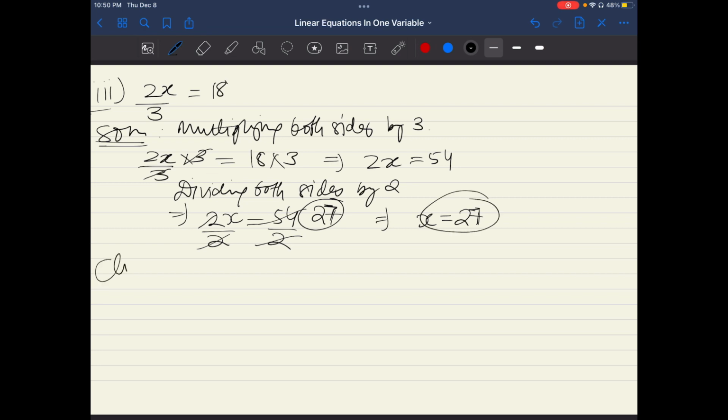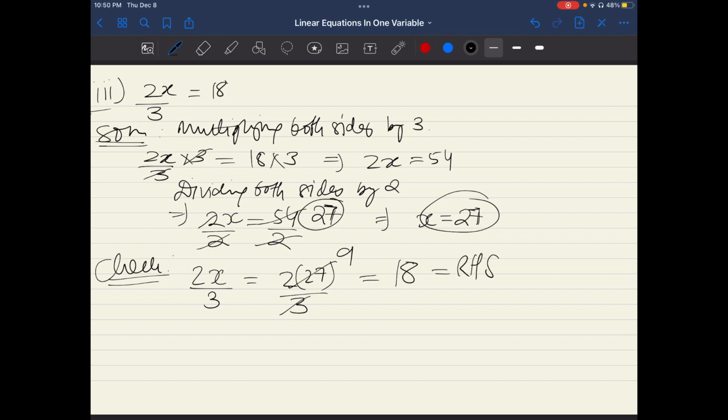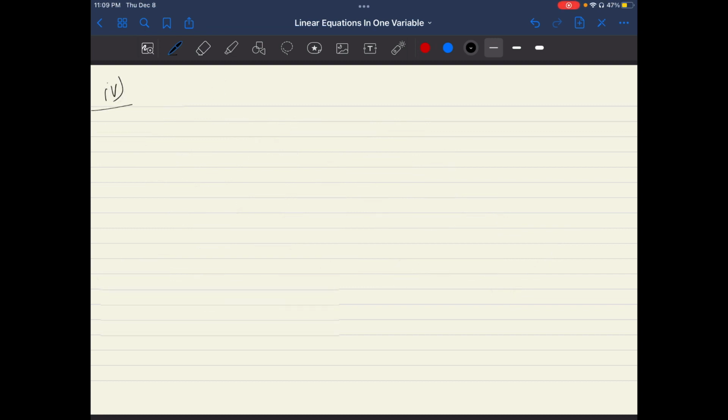And now we can check this by substituting the value of x into the equation. 2x over 3 equals 2 times 27 over 3, which is 18, which is equal to RHS. Henceforth, our solution is absolutely correct. Now moving along, let's solve 1.6 equals y over 1.5.